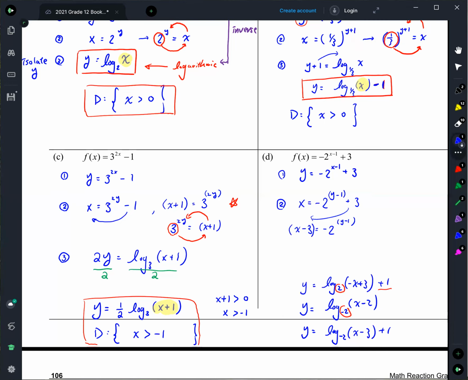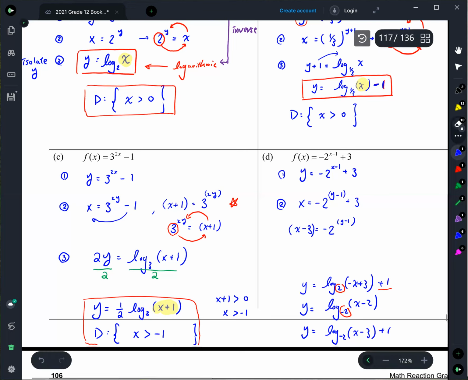Now, is there another thing that is movable to the left that is not part of the base? Claire, what do you think? Is there another thing that's movable to the left? CZ?